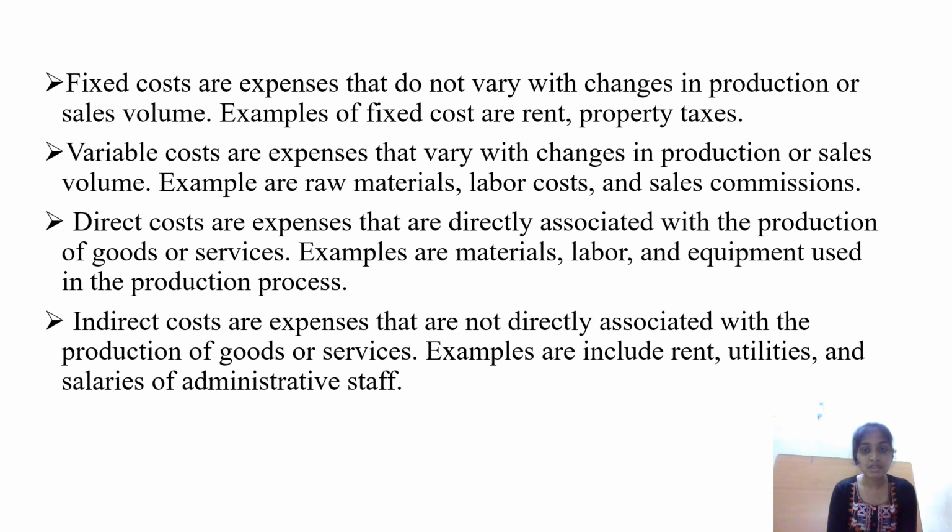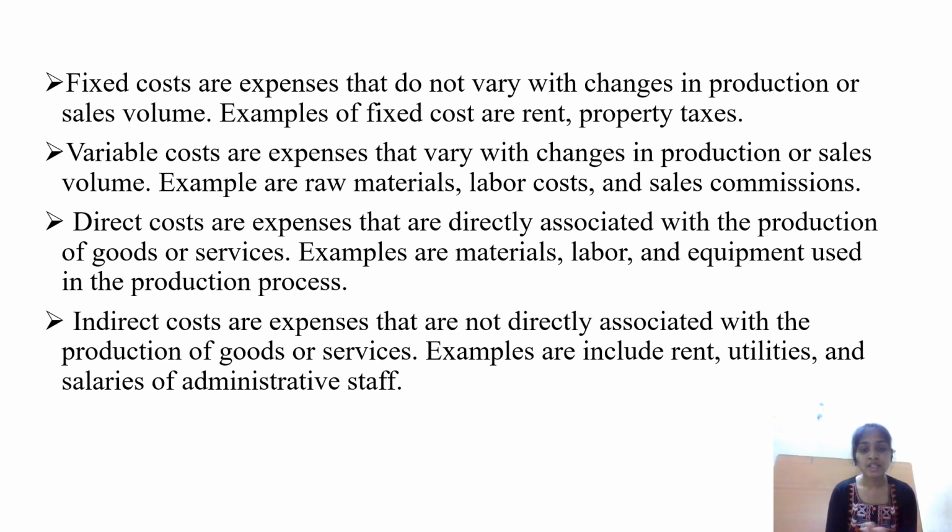Fixed costs are often considered sunk costs because they must be paid regardless of whether or not the company is generating revenue. In cost analysis, understanding fixed cost is important because they can have a significant impact on a company's profitability and break-even point.